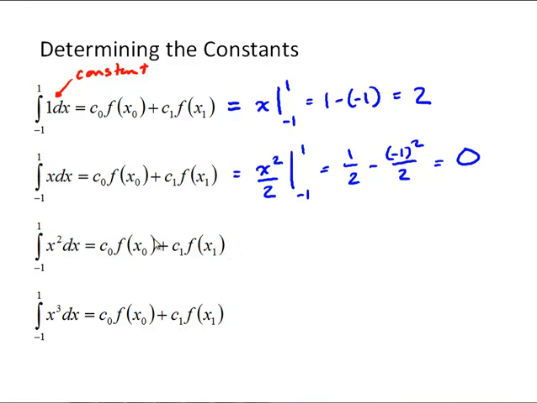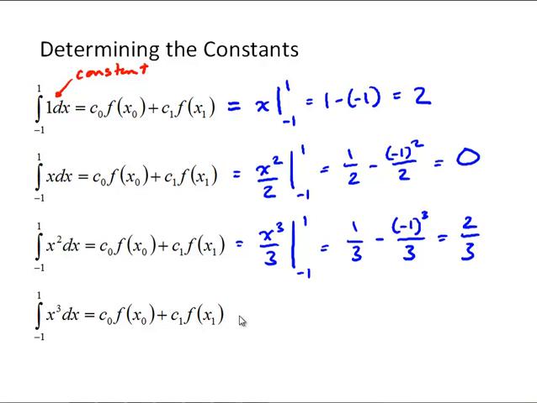The integral of x squared dx is x cubed over 3 evaluated from -1 to 1, which is 1/3 minus -1 cubed over 3, which is equal to 2/3.